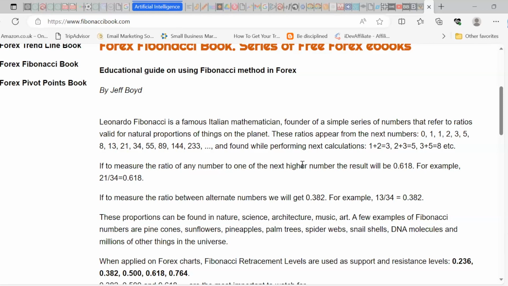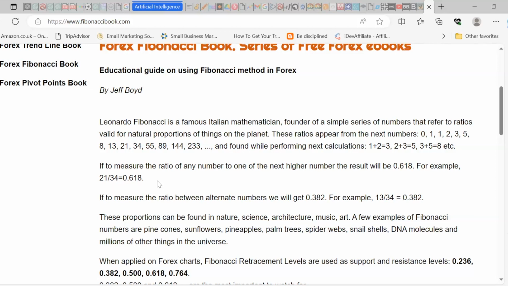So when he went ahead to measure the ratio of the numbers, if you measure the ratio of any number to the next higher number, the result will be 0.618. You may want to pull out your calculator at this point, for example, and use 21 and 34. 21 over 34 will give you 0.618.